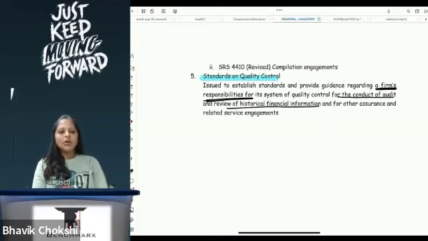Maintain quality of policies and procedures.